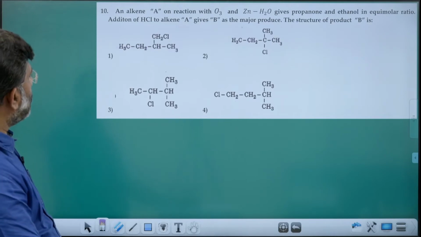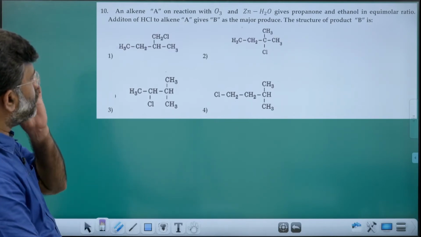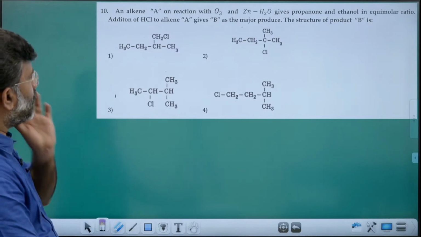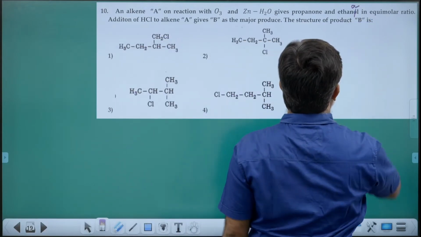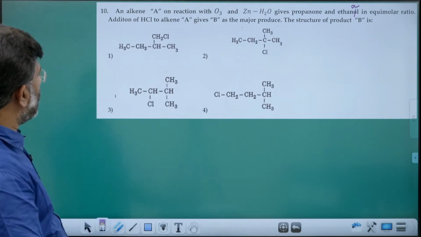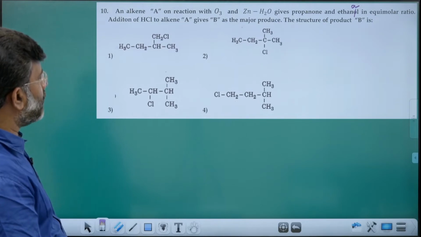An alkene A on reaction with ozone and zinc gives propanone and ethanal in equimolar ratio. Addition of HCl to alkene A gives B as the major product. The structure of product B is?